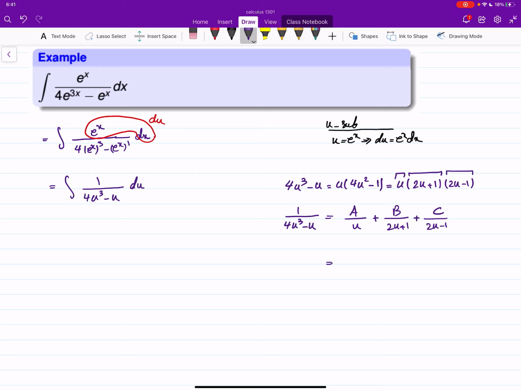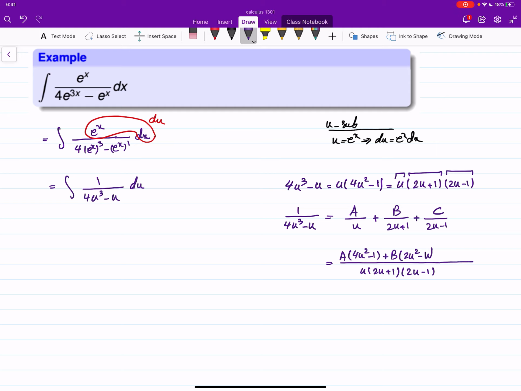So now find the common denominator. Well, there we'll multiply and get what we have there. But here when we multiply, the first one is going to be 4u squared minus 1 times a, plus the second one is going to be b times 2u squared minus u.